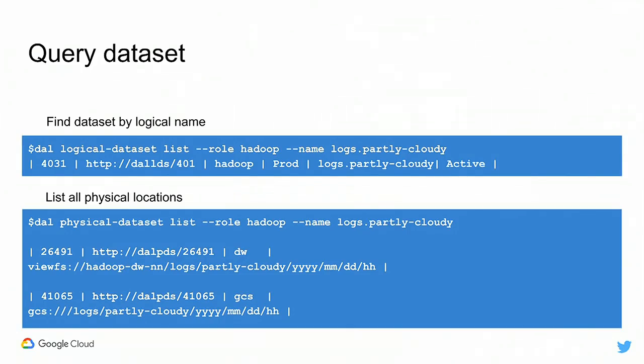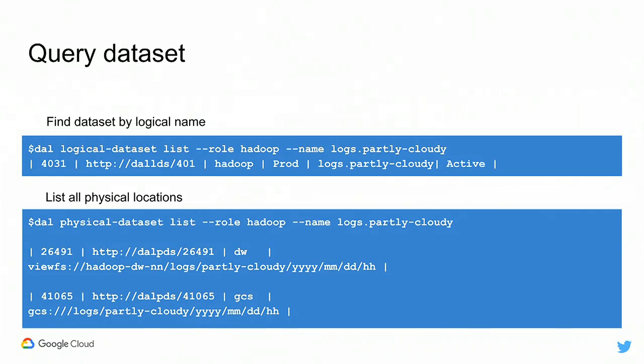DAL provides a lot of APIs to identify, for a particular data set, what all the partitions are. It also has command line tools. If you query for a logical data set named partly cloudy, you get an entry. When you look at all the physical locations for it, you can see one is HDFS and one is GCS.